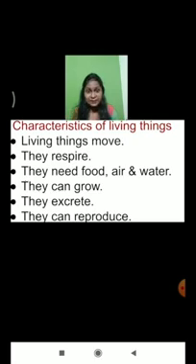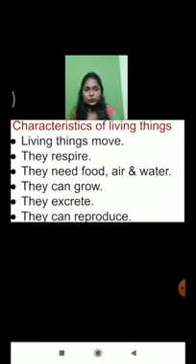Okay, so that means I can say that these are the characteristics of living things, and depending upon these characteristics we classify the components of living and non-living things. I hope all you students are noting down these points in your notebook. Do copy all these points.